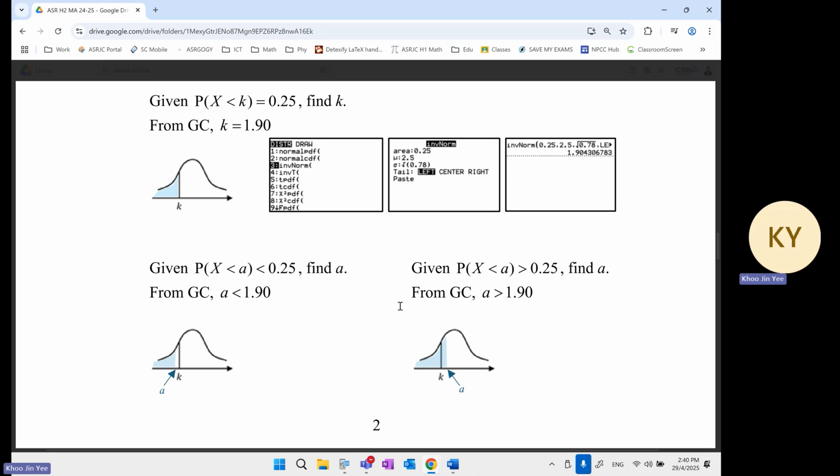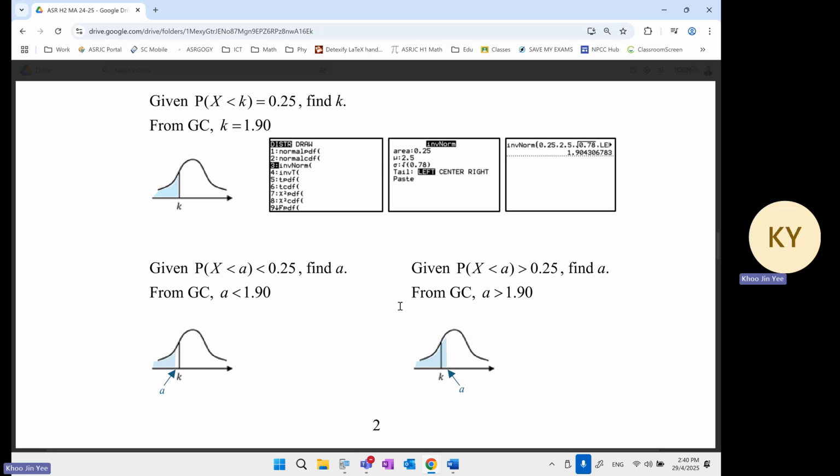I'll repeat the same thing for the other case. Now, this probability is greater than 0.25. First step, I'm going to assume that it is equal to 0.25 first. When it is equal to 0.25, the k is 1.9 when you do inverse normal.